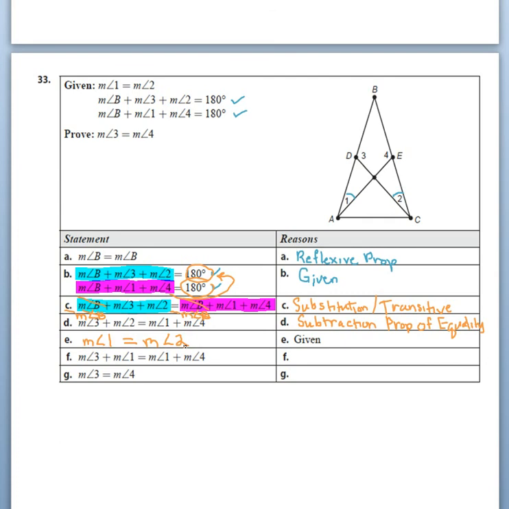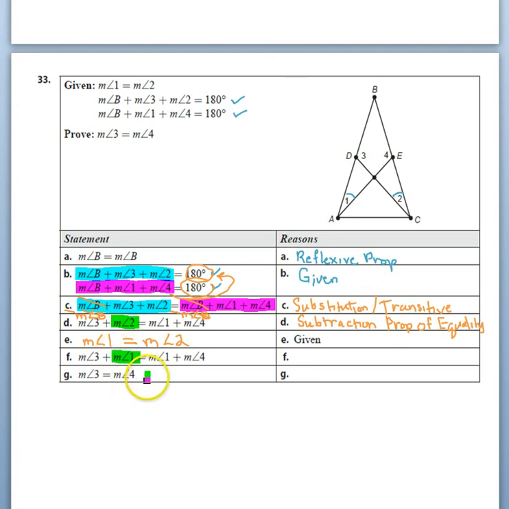Okay, now where would they use that? Well, let's look at statement D and statement E, and statement F, actually. Let's look at all of them. Look at the difference between statement D and statement F. They're very similar, except right here in statement D, we have the measure of angle 2, and in statement F, we have the measure of angle 1.